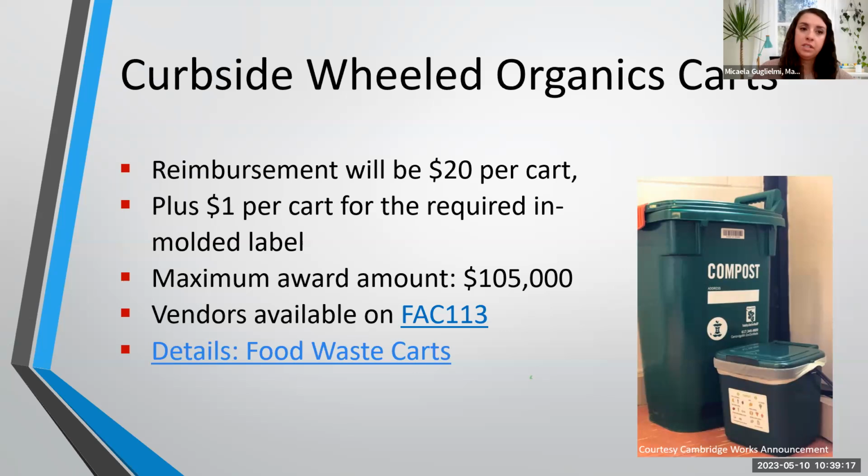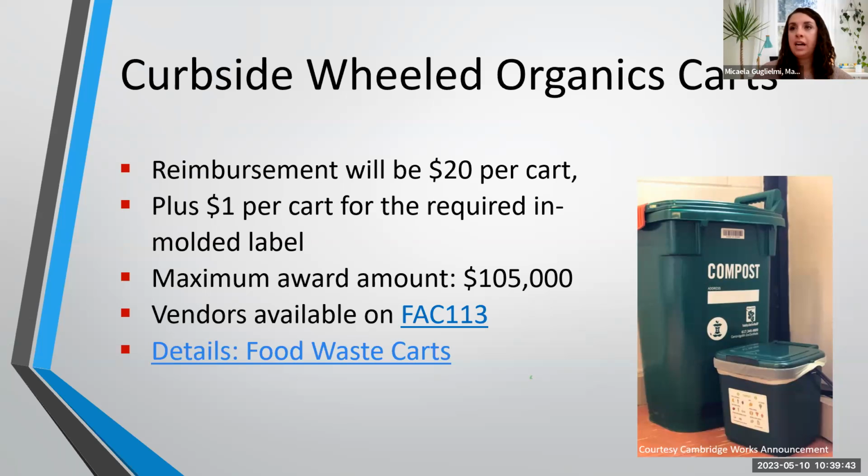And then also we have a details document on our SMRP website to review. And on that details document, you'll see this could be for starting a new cart program, or maybe a pilot program, or if you already have an existing food waste cart collection program in your city and you want to expand on it.